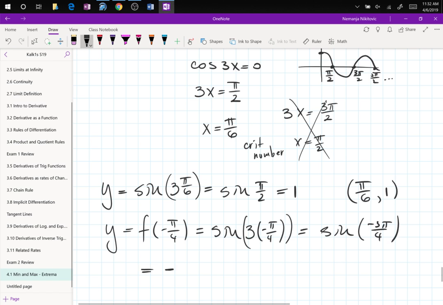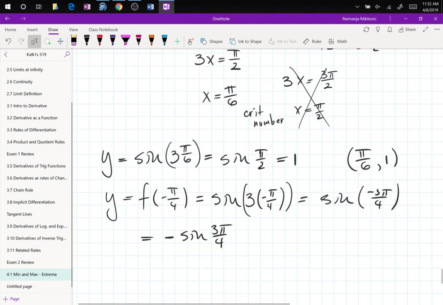Now if you know trig, you know that sine is an odd function, so the minus can be kicked outside, and all I need to worry about is the sine of 3 pi over 4. Now we know that pi over 4 produces root 2 over 2, but I don't know if it's positive or negative, and I need to interact with the minus sign.